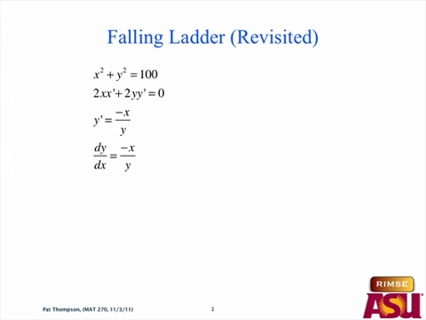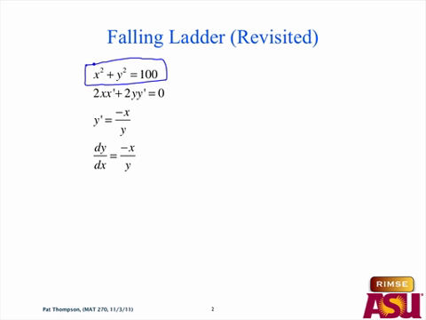So this was the ladder problem that we looked at Monday. And we said that the quantities x and y were always in this relationship, according to the Pythagorean theorem, even as the ladder fell. Even as the ladder fell, the hypotenuse stayed at 10. That was the length of the ladder. And as x increased and y decreased, it still maintained this relationship for any given point where the ladder is falling.